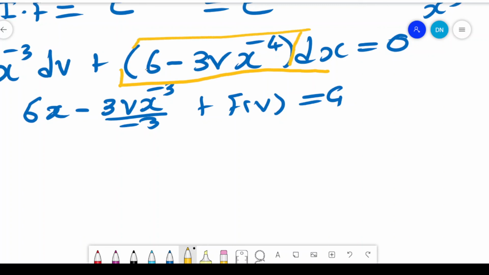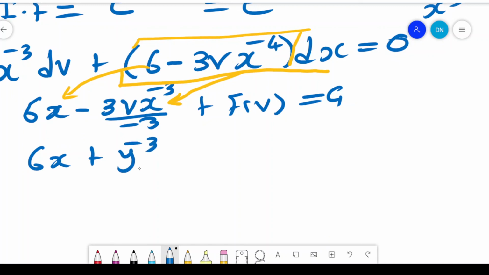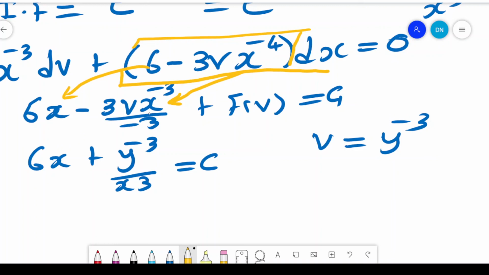When we integrate 6, we get 6x, and integrating the other term with respect to x gives the part that we get. This gives me 6x + y^(-3)/x^3 = c, and that's the solution. How did I get y^(-3)? Remember that v = y^(-3), and in this part I'll be left with v. Therefore, that is the solution.